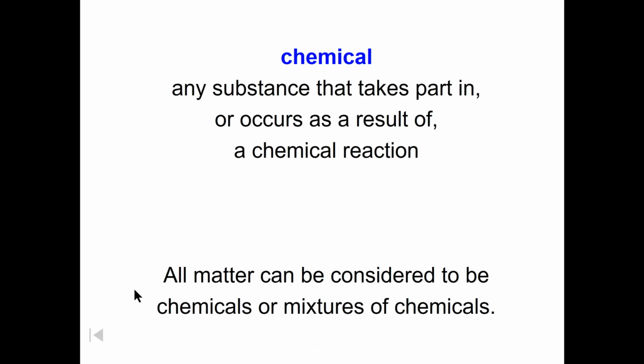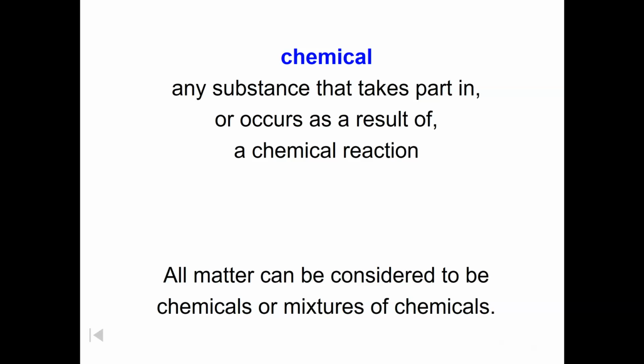So when we talk about chemistry, we want to know what is a chemical. A chemical is any substance that takes part in or occurs as a result of a chemical reaction. So, something produced, something going to be produced, something that was used to produce another something. Remember that all matter can be considered to be chemicals or mixtures of chemicals to some degree.